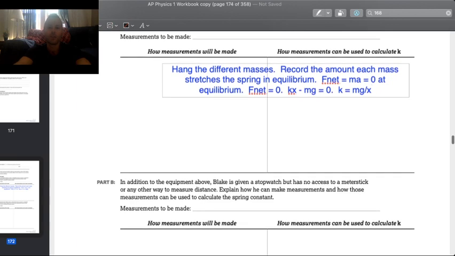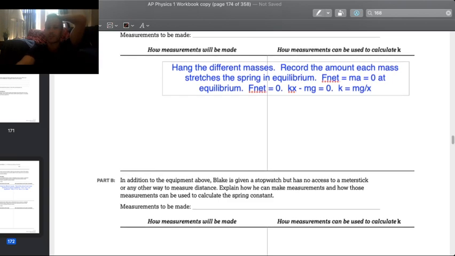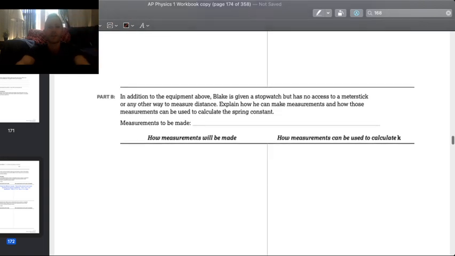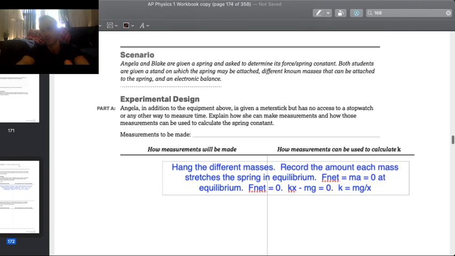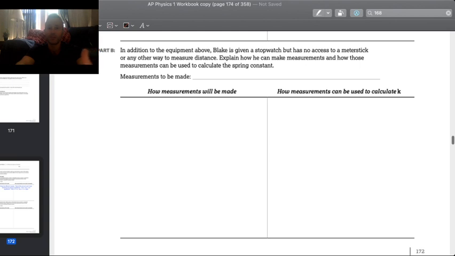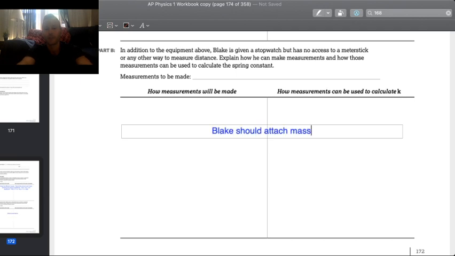In addition to the equipment above, Blake is given a stopwatch, but no access to a meter stick or any other way to measure distance. Explain how he can make the measurements. Okay, so Angela's method is basically using equilibrium. Blake's method is going to use disequilibrium, simple harmonic motion. So Blake should attach masses to the spring and set them in motion.